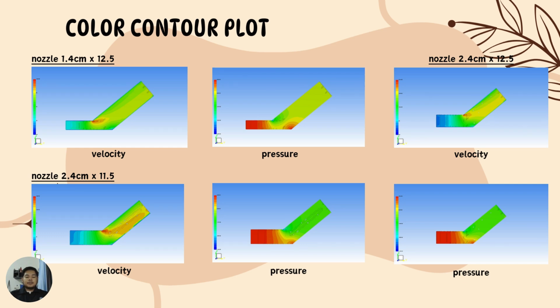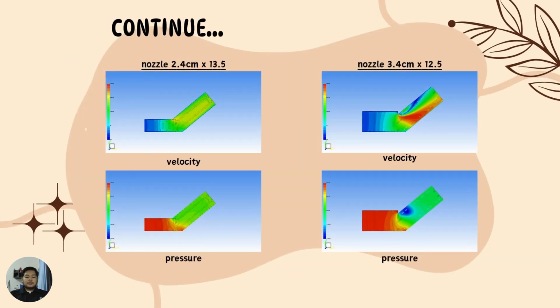Pressure dropped steeply near the nozzle outlet. The nozzle with 2.4 cm width and 12.5 cm length exhibited more balanced airflow distribution, with smoother pressure gradients and improved stability. Similar patterns were observed for wider and longer nozzles. These visual representations provide a clear insight into the performance of each nozzle design.